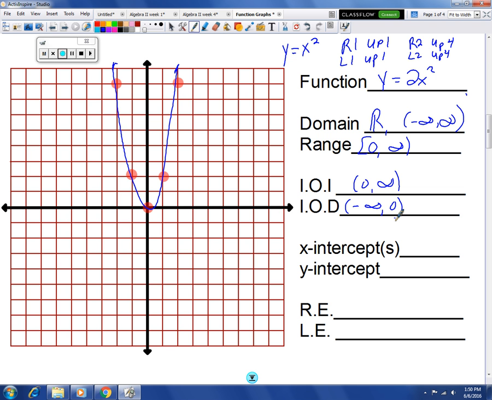X-intercept is 0. The y-intercept is 0. The right-hand behavior: as x approaches infinity, y approaches infinity. As x approaches negative infinity, y also still approaches positive infinity. And that's it for quadratics. We can do a lot more, but that is the basics.